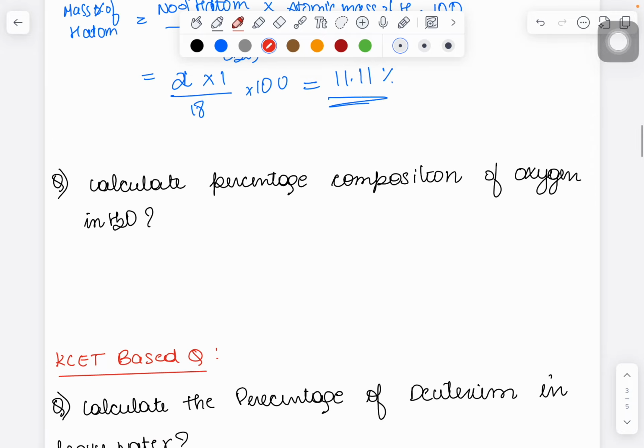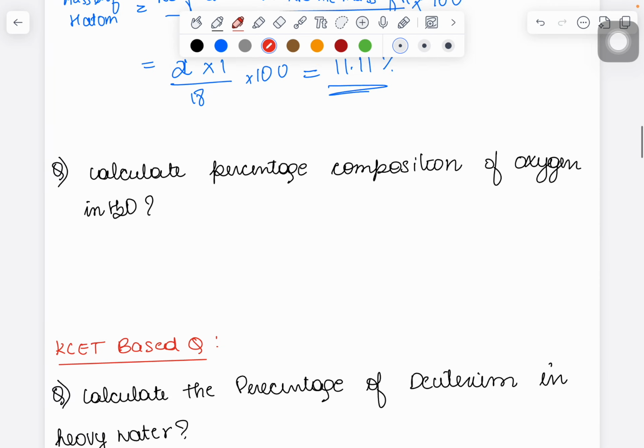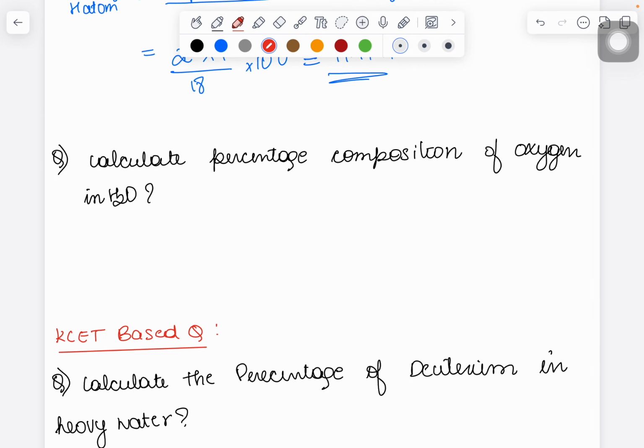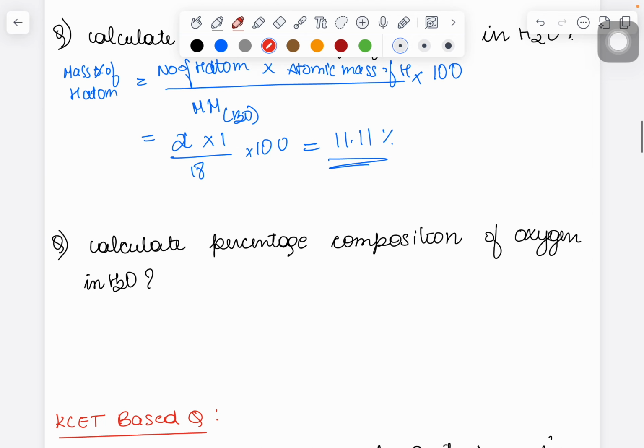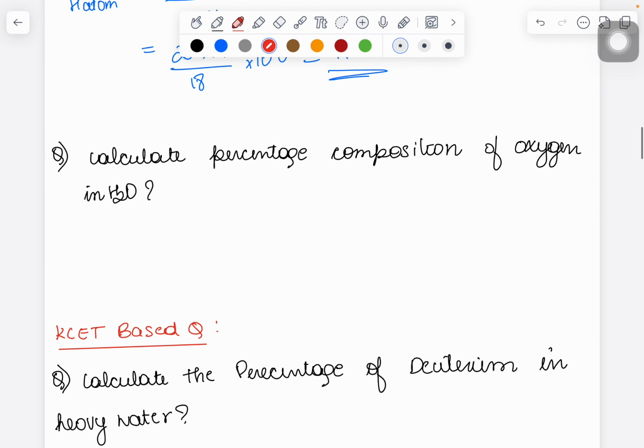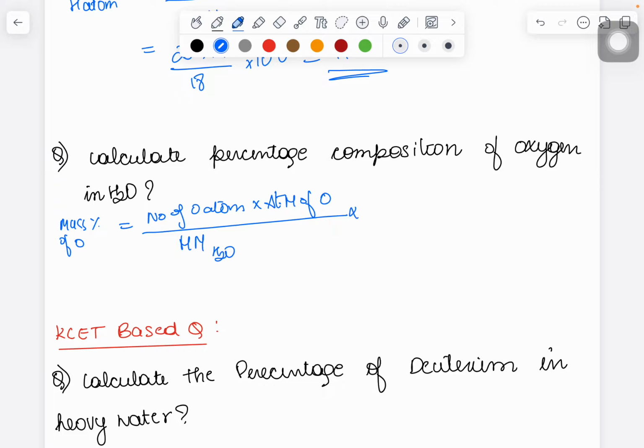Pause the video and solve it and cross check the answers, students. Calculate the mass percentage composition of oxygen. Now they are asking oxygen. So again put the formula. Mass percentage of oxygen is equal to the number of oxygen atoms into the atomic mass of oxygen, divided by the molecular mass of H2O, into 100.